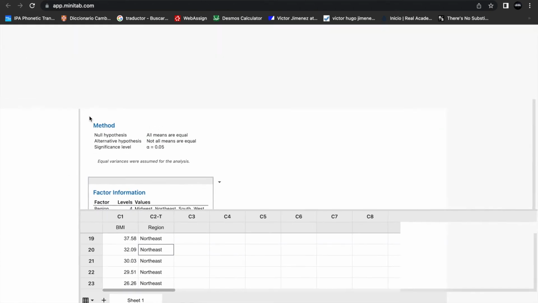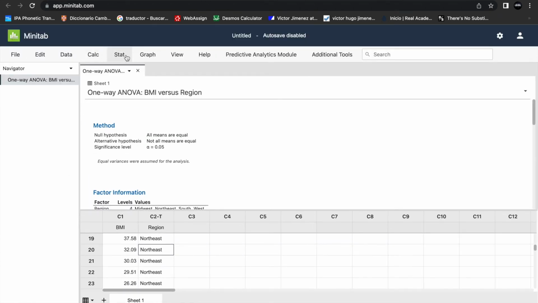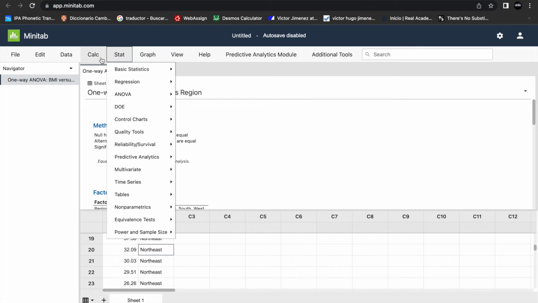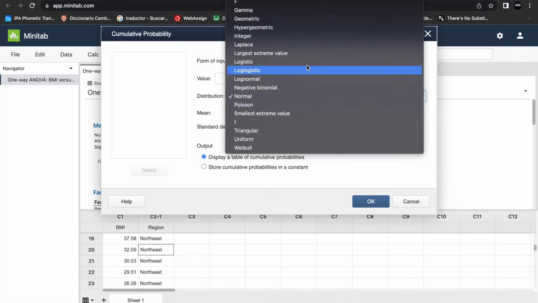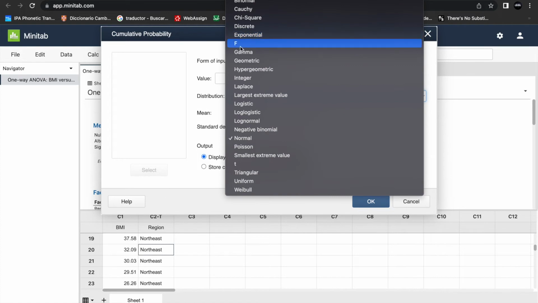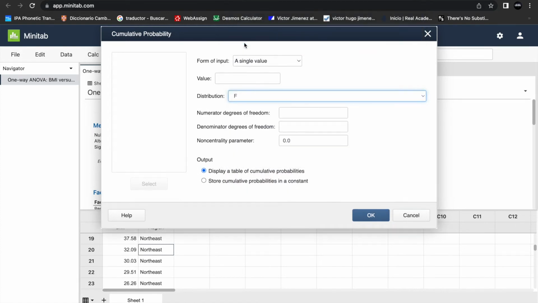Go to Minitab, then probability distributions. Use the cumulative distribution function. Select F, and it depends on two parameters, degrees of freedom numerator and denominator. In our case, 2 and 27. What is the value for the test statistic? 0.07.